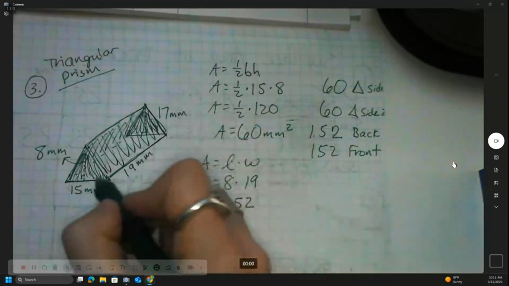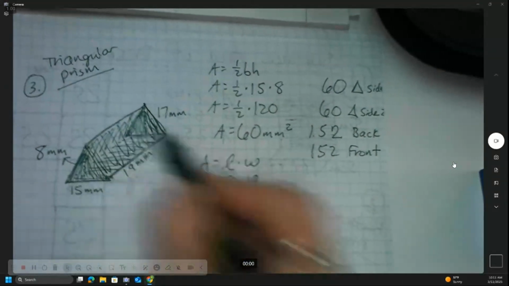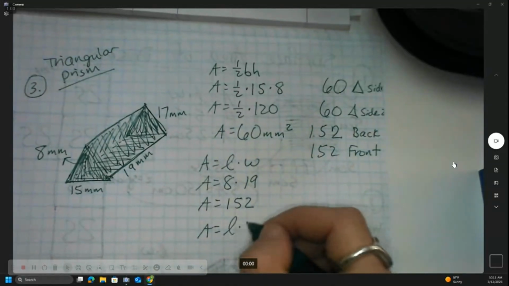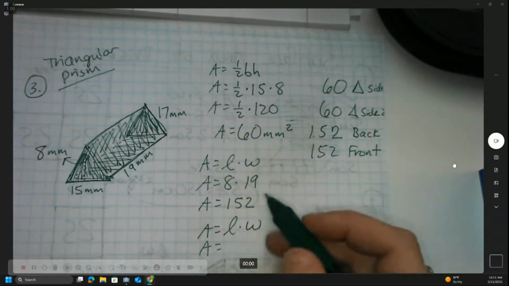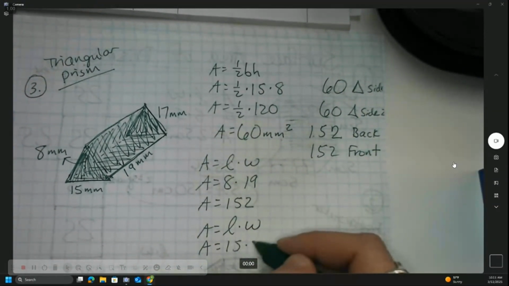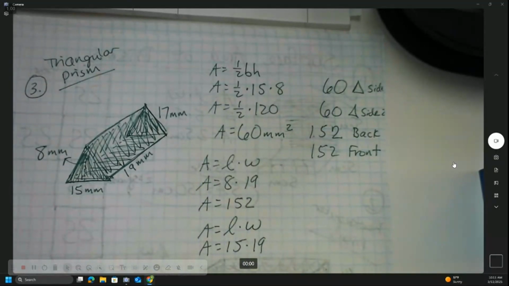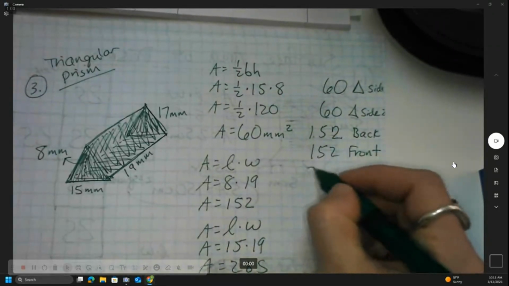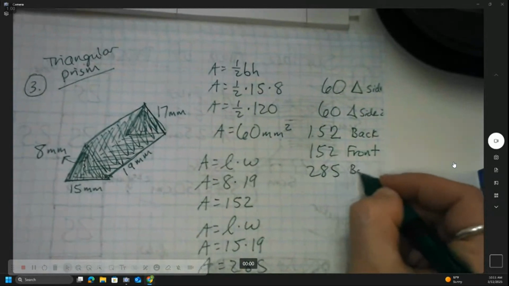And now let's do the bottom, which looks like it's 15 by 19. That's another length times width because the bottom is a rectangle. So 15 times 19 is 285 for the bottom.